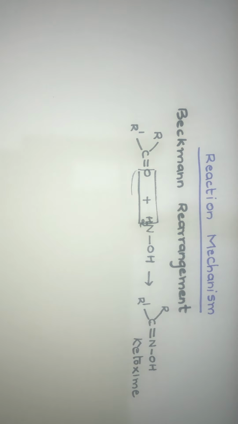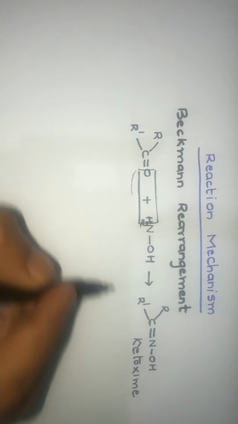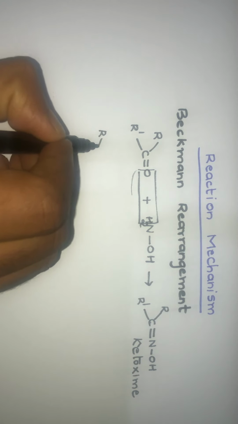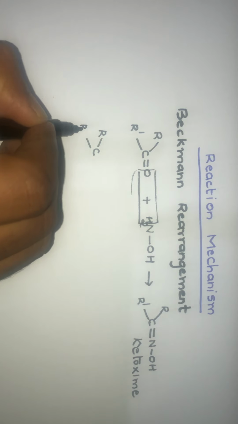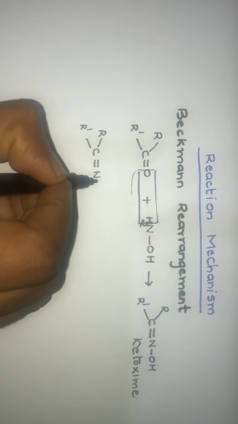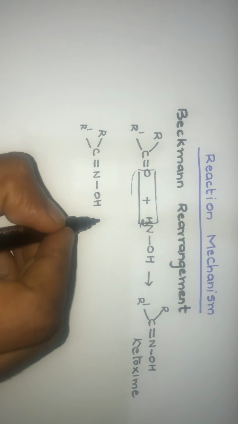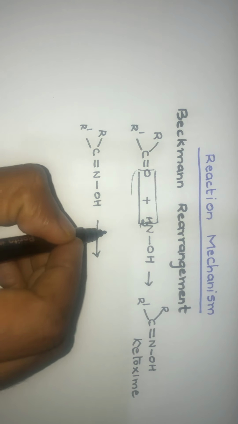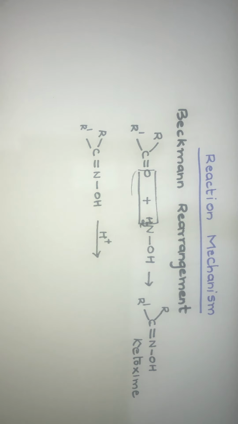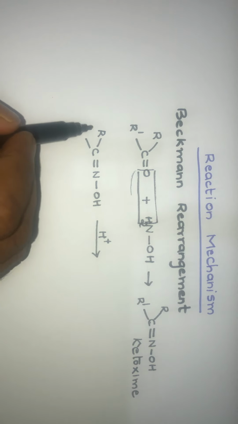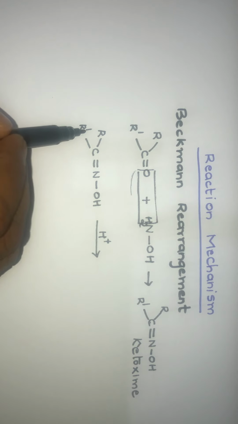Okay, now let us see what happens in this rearrangement. Whenever a ketoxime is treated with H plus, that is in presence of an acid, migration of group takes place.